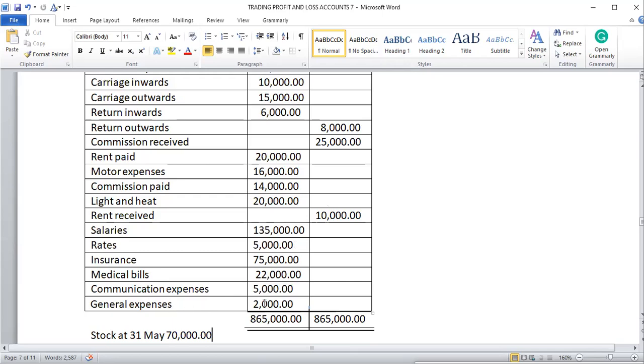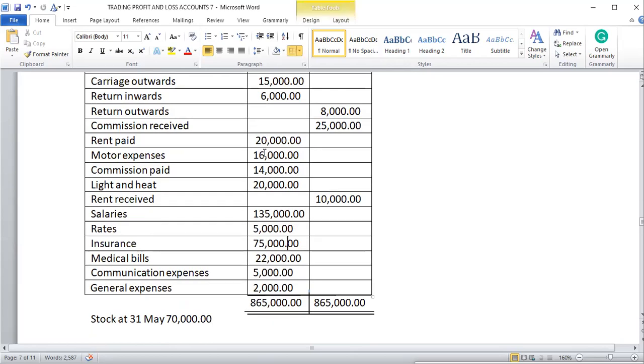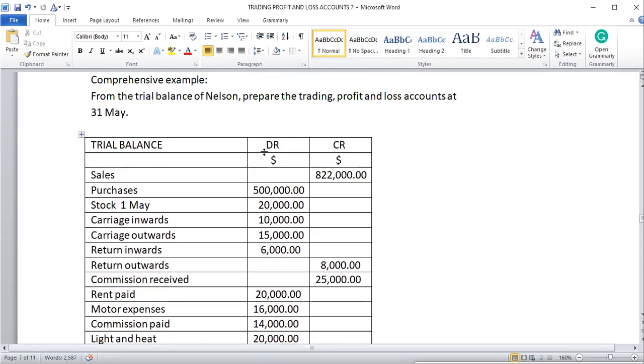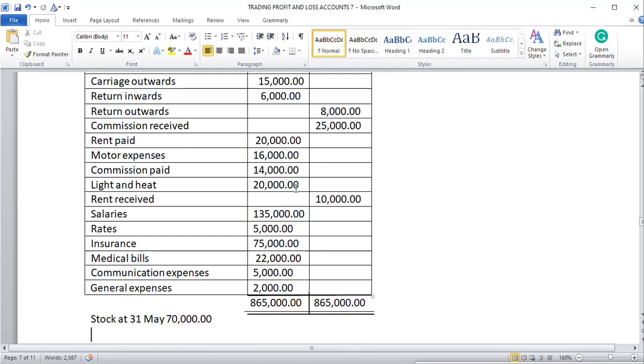Then general expenses, $2,000. So the trial balance, when you add up, the debit side is $865,000, and the credit side is $865,000.